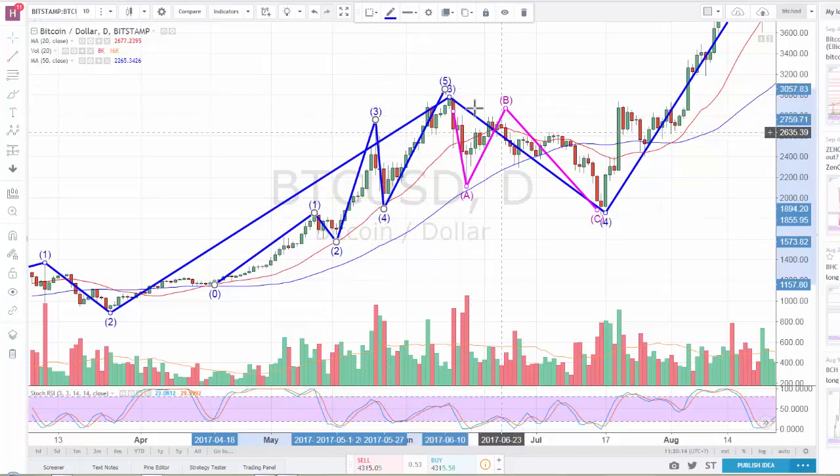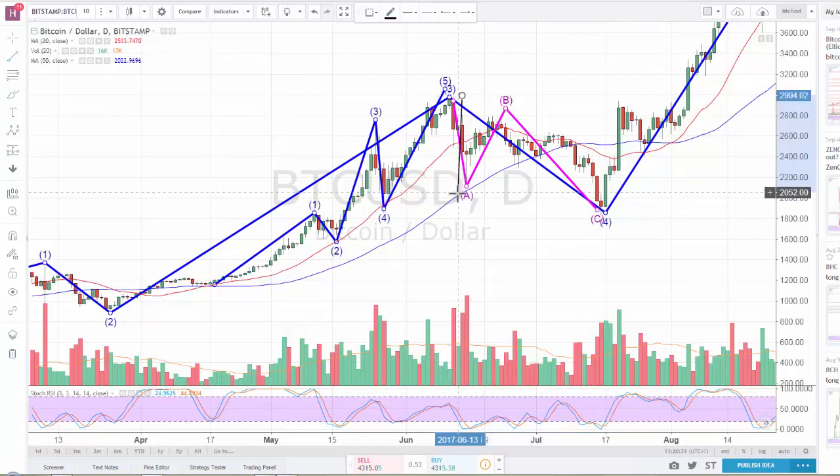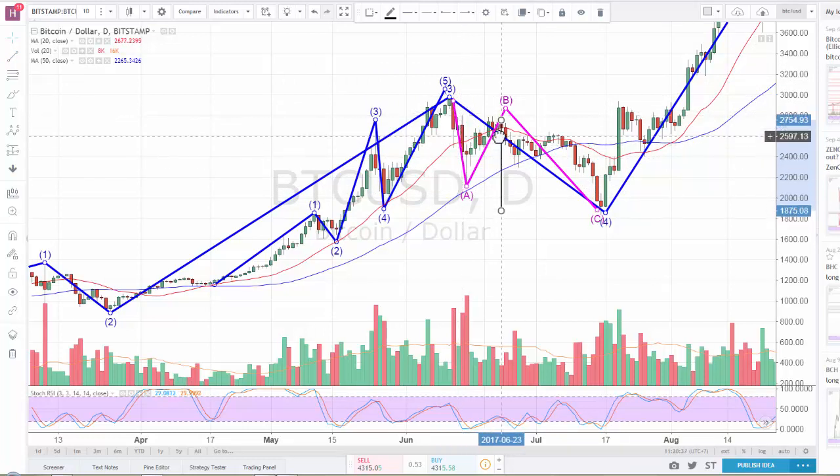And then for the ABC correction, as I said before, the vertical distance of A needs to be the same as the vertical distance of C, which is this leg here. So let's see if this is true. If we go from the very top to the very bottom, this distance should equal the vertical distance from this top to this bottom.